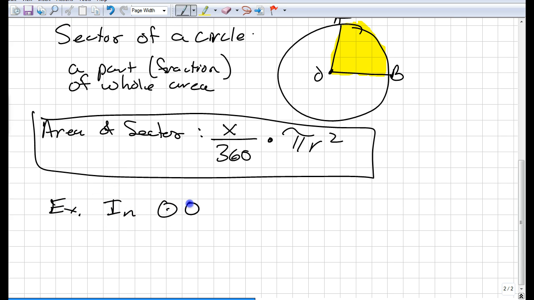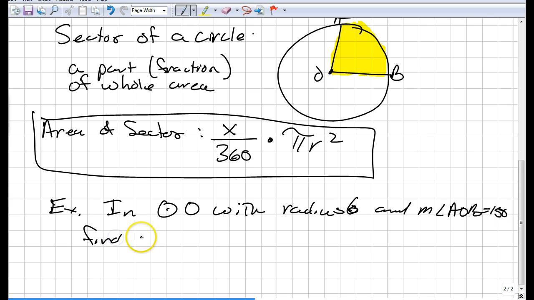In circle O with radius 6 and measure of angle AOB equals 150, find the lengths of arc AB and arc ACD.